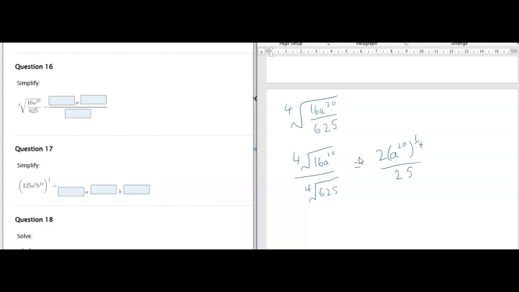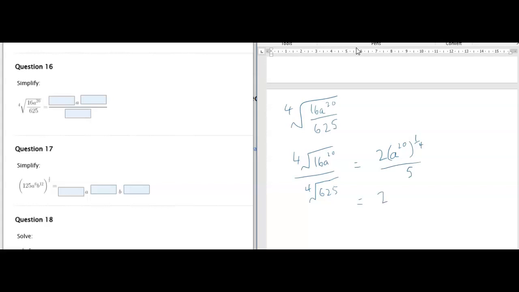Oops, no, it's not 25. It's 5. Let me just rub out that 2. So 5 times 5 is 25, 25 times 5 is 125, and then 125 times 5 is 625. Okay, so I've got that 2.